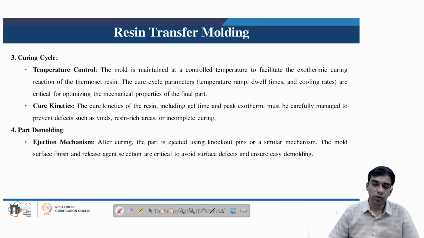The cure kinetics also play a very important role in the resin transfer molding process. Cure kinetics involve the gel time, and peak exotherm must be carefully managed to prevent defects such as voids, resin rich areas, or incomplete curing. The fourth step in resin transfer molding is basically the part demolding.